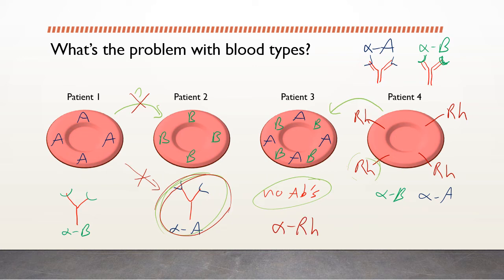So if patient 3 ever gets another transfusion of Rh positive blood, then you'll have an antibody reaction between the anti-Rh and the Rh on patient 4's blood. So we try not to give positive blood to negative patients so that we don't risk that reaction happening.